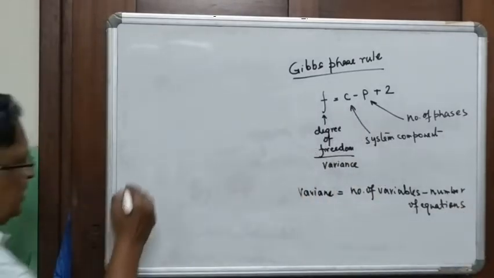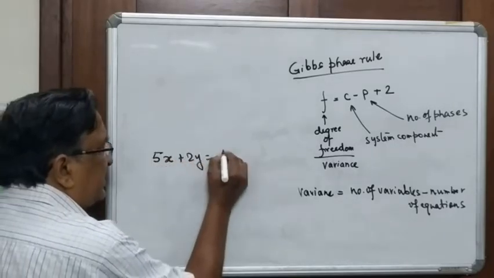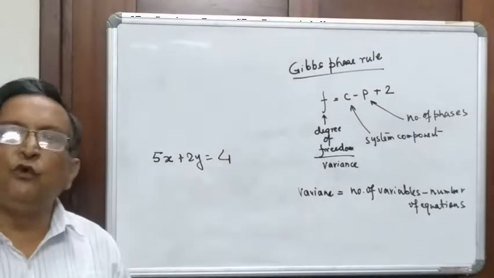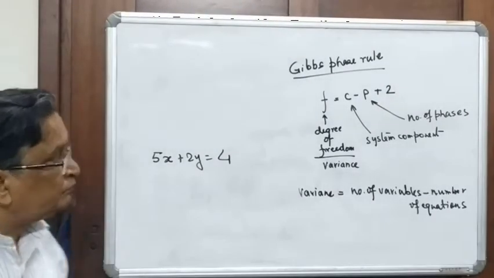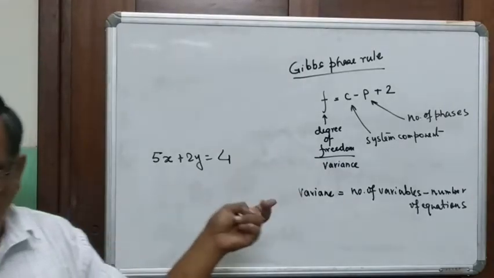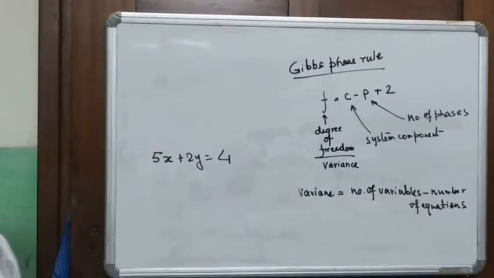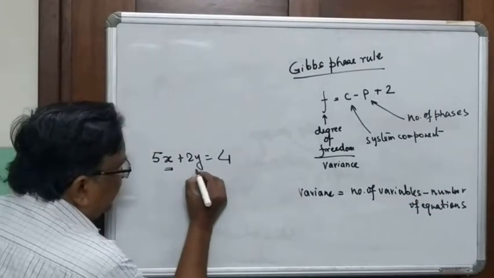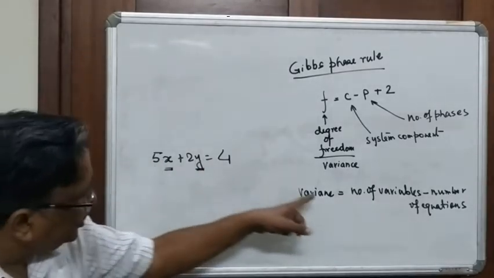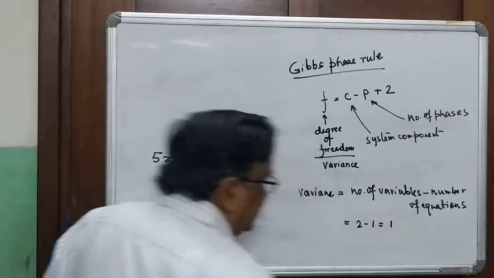Say, for example, I write an equation 5x plus 2y is equal to 4. What is the variance of it? Number of variables minus number of equations. x is a variable, y is a variable. So 2 minus 1 is equal to 1.